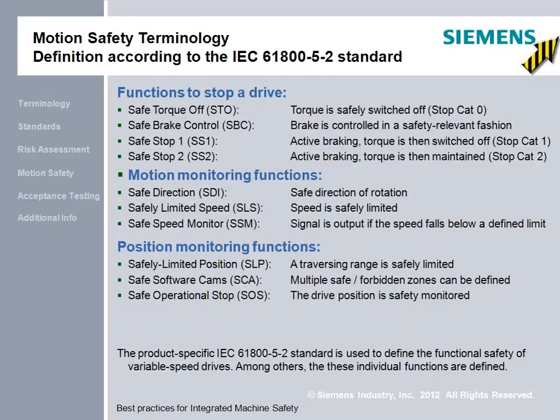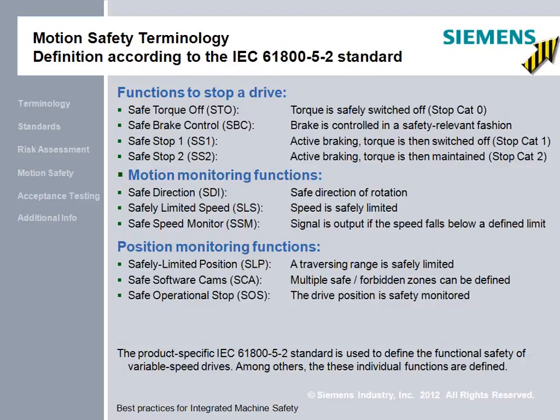Now let's take a look at some motion safety terminology. The definitions, and these are not all inclusive, but the definitions I show here are according to IEC 61800-5-2. This international standard is used to define functional safety for variable speed drives.